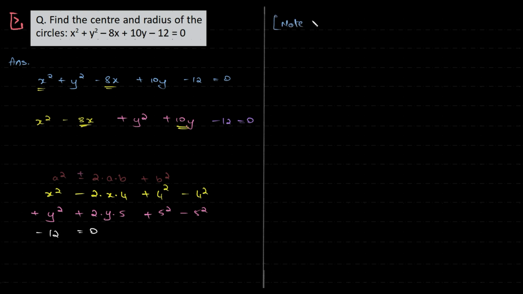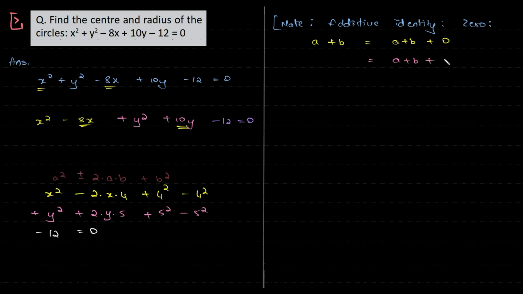A small note: something called additive identity, that we have studied before, I think in 7th or 8th grade. Additive identity is 0. What does it mean? What can I add with an expression like a plus b so that it remains a plus b? 0, is it not? I can add 0 with anything.